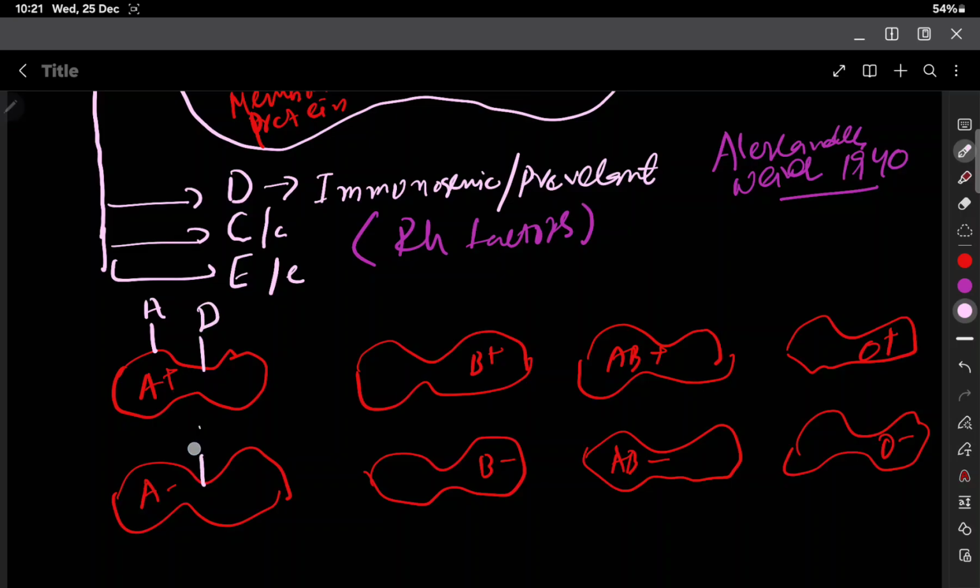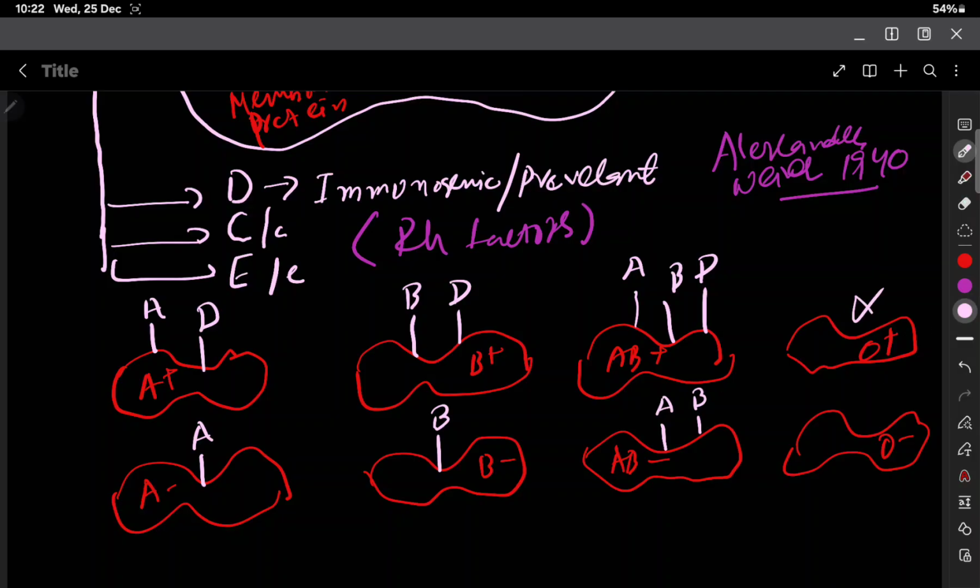A negative will have only antigen A. B positive will have antigen B and antigen D, while B negative will have only antigen B, because it is negative, it does not contain antigen D. AB positive has antigen A, antigen B, antigen D, while AB negative has antigen A, antigen B. O positive will have only one antigen, which is antigen D, and O negative will not have any type of antigen present in the RBCs.